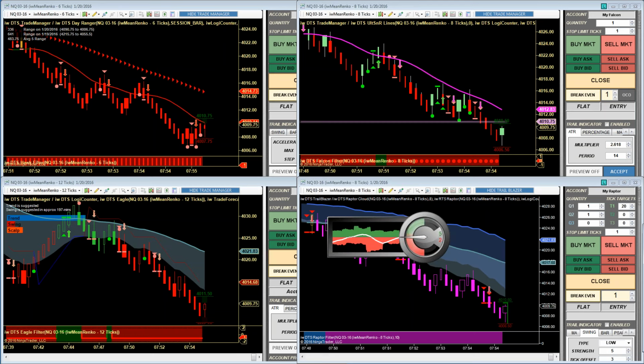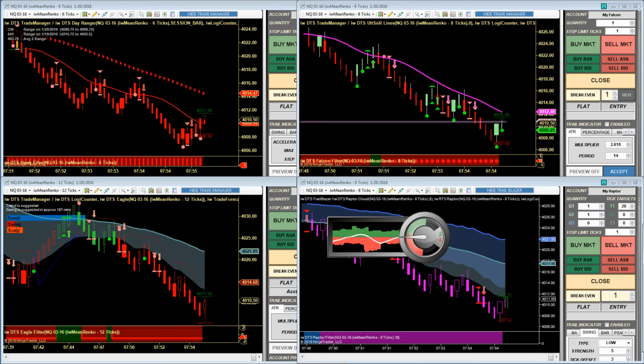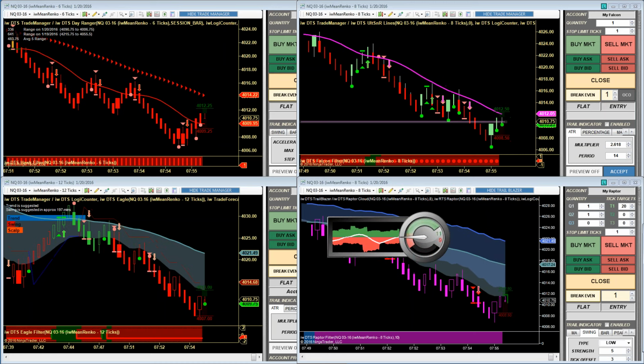All right. Well, it looks like they're still in a tailspin. So we'll see if we get another move here into the band. Maybe we'll get another hard edge bounce.